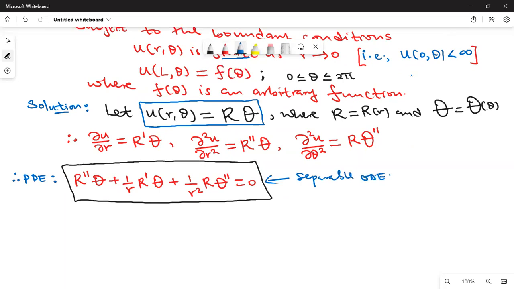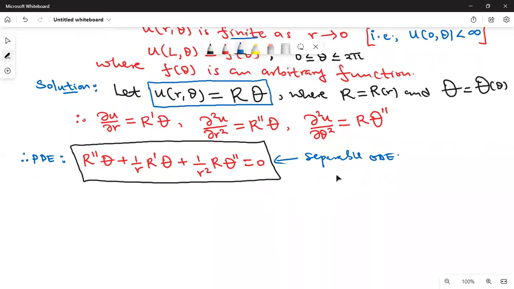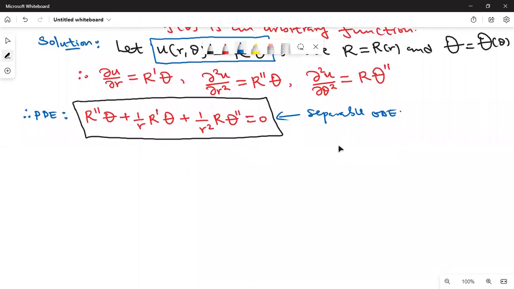So what do I do to separate the variables? I have to divide, this is what you need to do. We are dividing first of all by R times Theta. What are we going to get?